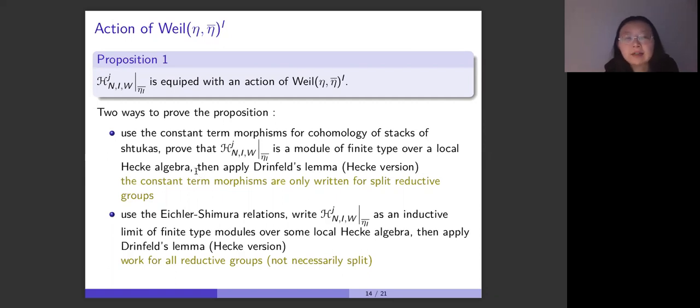Then we apply Drinfeld's lemma directly to the generic fiber of cohomology. But the constant term morphisms are only written for split reductive groups. For non-split reductive groups, there should still be the constant term morphism, but they are not yet written down.